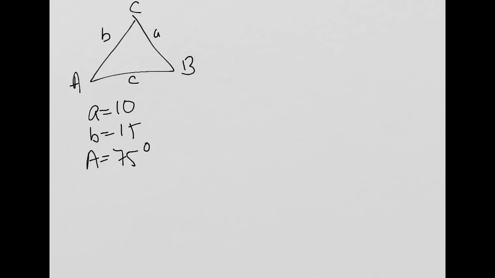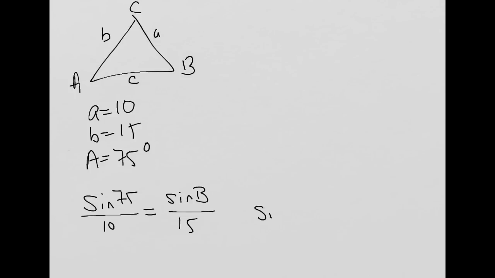It's possible for me to show that this can't exist, because if it did, sine of 75 over 10 would have to equal sine of capital B over 15, which would mean sine of B equals 15 times sine of 75 over 10. But if you compute that, it's about 1.449.